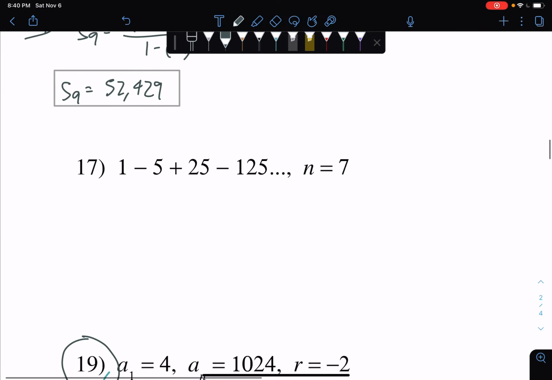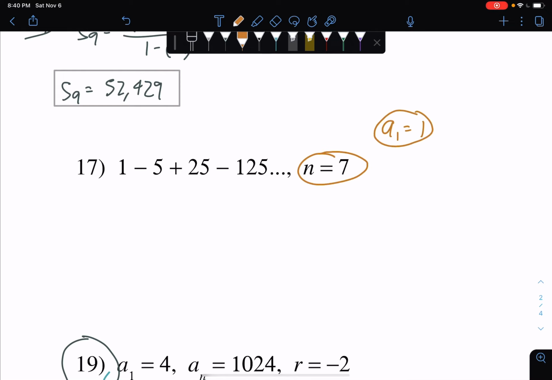We're almost done. There's a few solutions left. a sub 1 is equal to 1. r is equal to negative 5. Let's check. Negative 125 divided by positive 25. Yes, r is equal to negative 5 indeed. Okay, let's solve for S sub 7, because n is equal to 7.